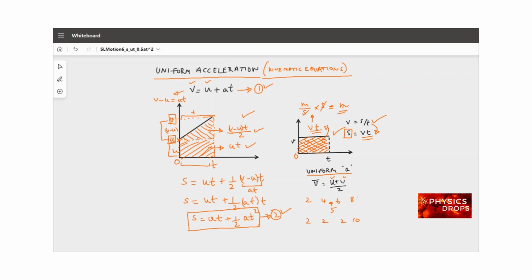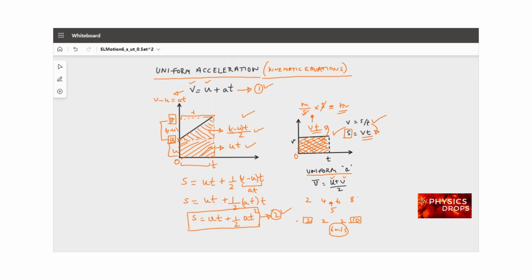In this case, if I take initial velocity plus final velocity by 2, which is 10 plus 2 by 2, the average will be 6 meter per second, which doesn't make sense intuitively, because the object has always been moving at 2, and only in the last second it became 10. So I cannot say that on average it's moved at 6 meter per second.